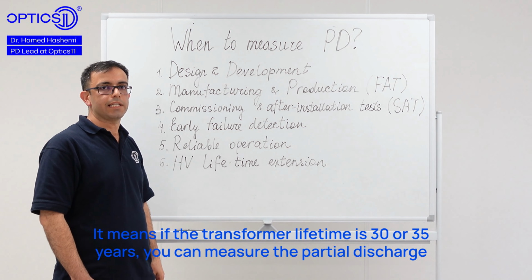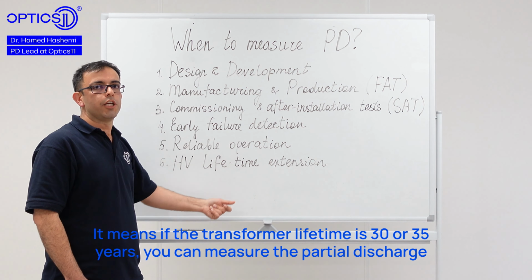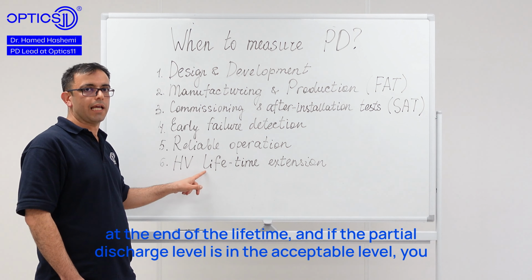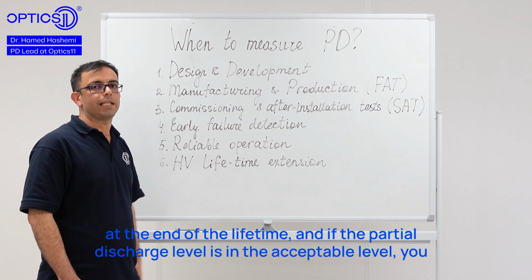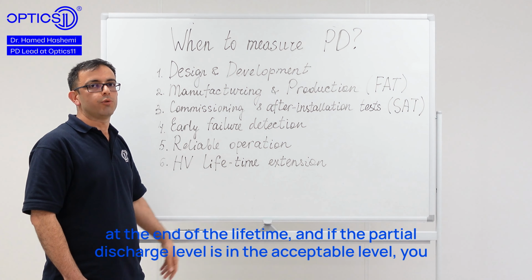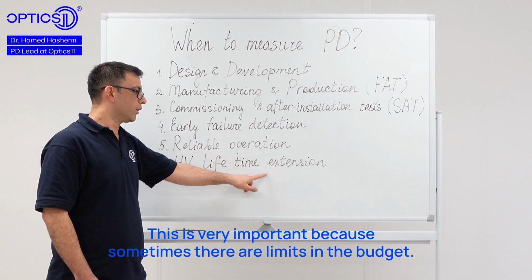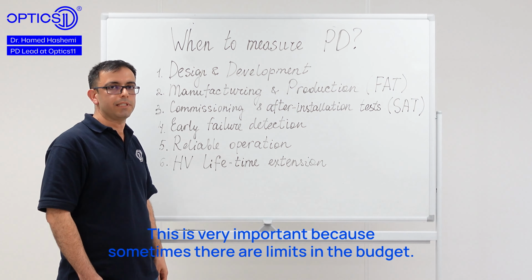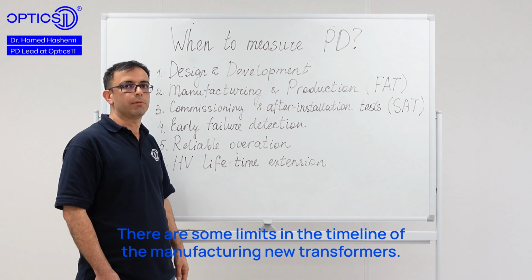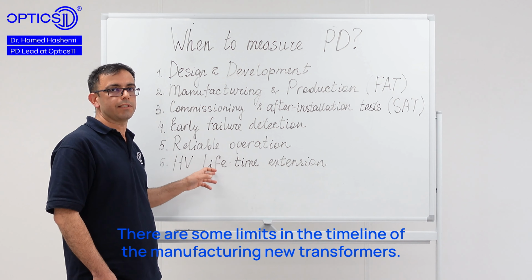It means if the transformer lifetime is 30 or 35 years, you can measure the partial discharge at the end of the lifetime, and if the partial discharge level is in the acceptable level, you can expand the usage of that transformer. This is so important because sometimes there are limits in the budget, there are some limits in the timeline of the manufacturing new transformers.